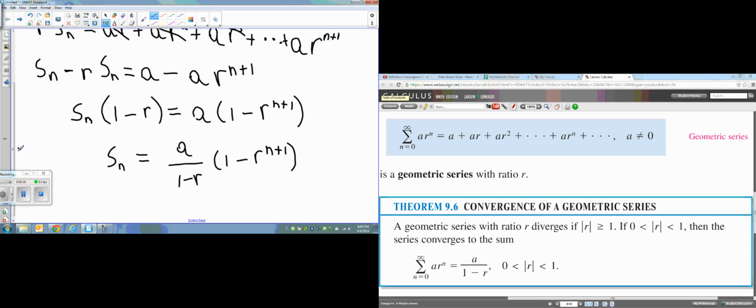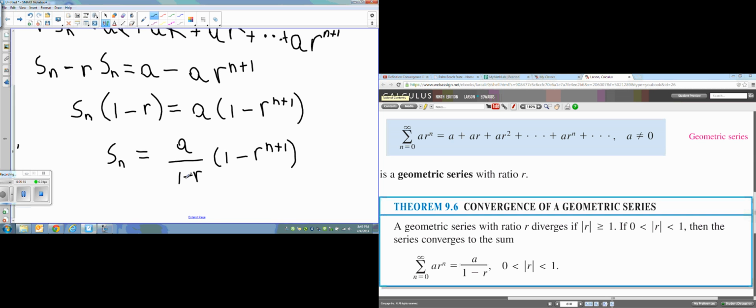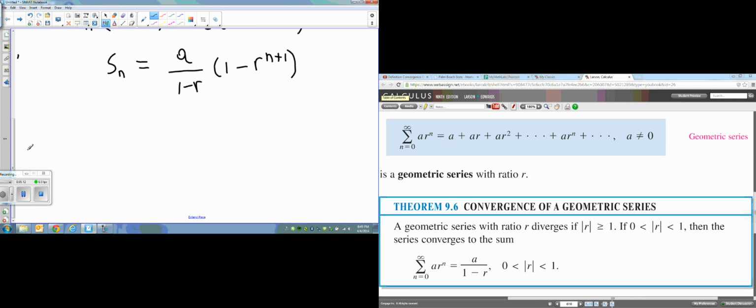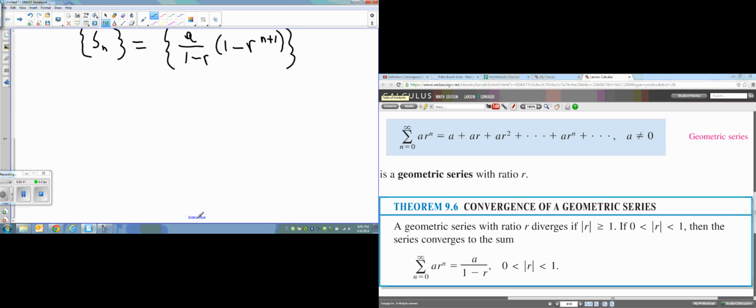Now let's see what makes this converge. The sequence of partial sums would be this sequence that contains these terms, which are the nth partial sums. What we want to do is see what causes this sequence to converge. So we want to see what makes this sequence have a finite limit.